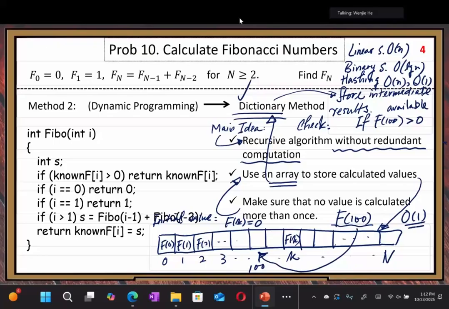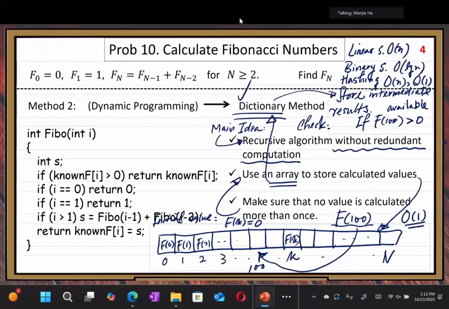After we create this array, by default all the values are 0, right? After you create a new array, the default values are 0.